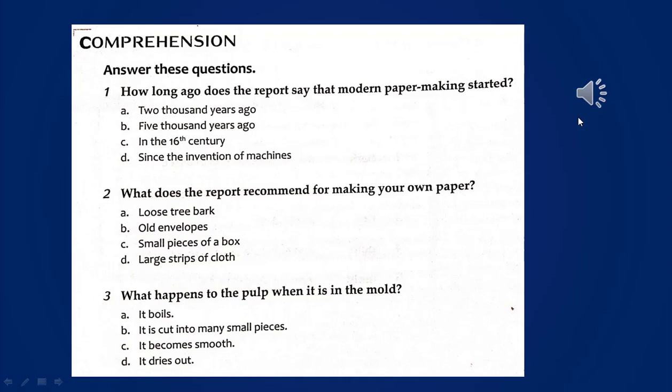Then it is left until most of the water dries up. The substance left, called pulp, can be stored until you are ready to make paper. When you are ready, the pulp is mixed with water again. Then the pulp is poured into a special box or mold. The mold is made of small squares of wire that hold the shape and thickness of the paper.